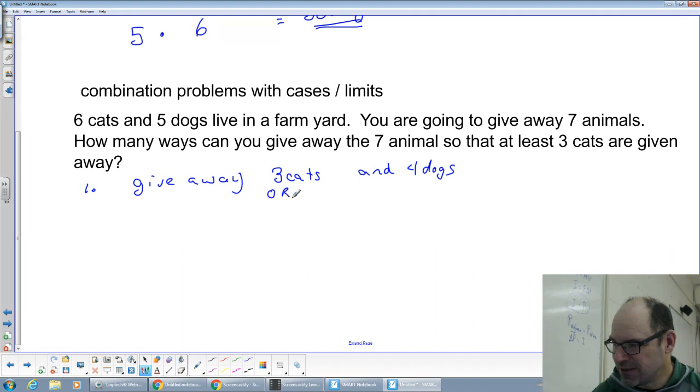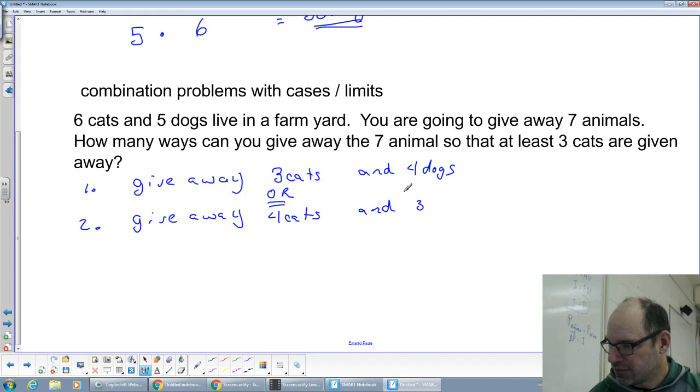Or, no, it's not and, it's or. That gives you 3 cats. So what if you give away 4 cats? 4 cats and 3 dogs. Notice there's an and in there, and then there's ors here.